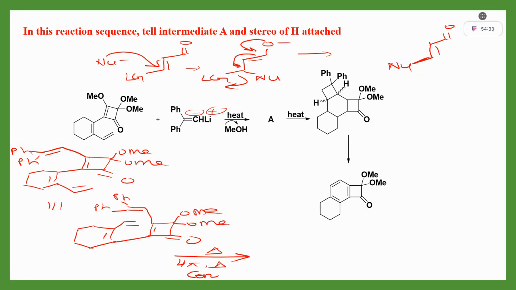Okay. And you just have to form that 8-membered ring. You try to solve by yourself, you will get eight. 1, 2, 3, 4. We are counting from here. 1, 2, 3, 4, 5, 6, 7.